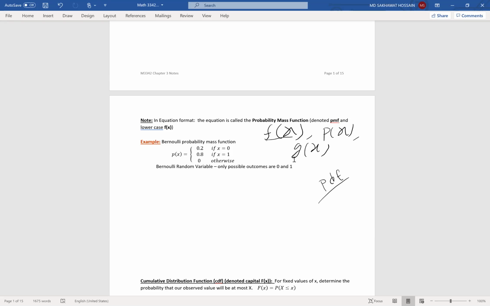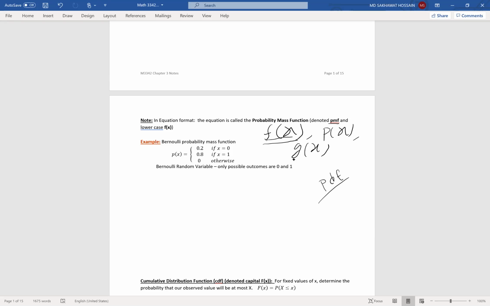But since this is a discrete random variable, it is called the probability mass function, denoted by PMF, and the function is denoted by f of x, p of x, or g of x, or you can also use some other notation. So we'll go over an example now.